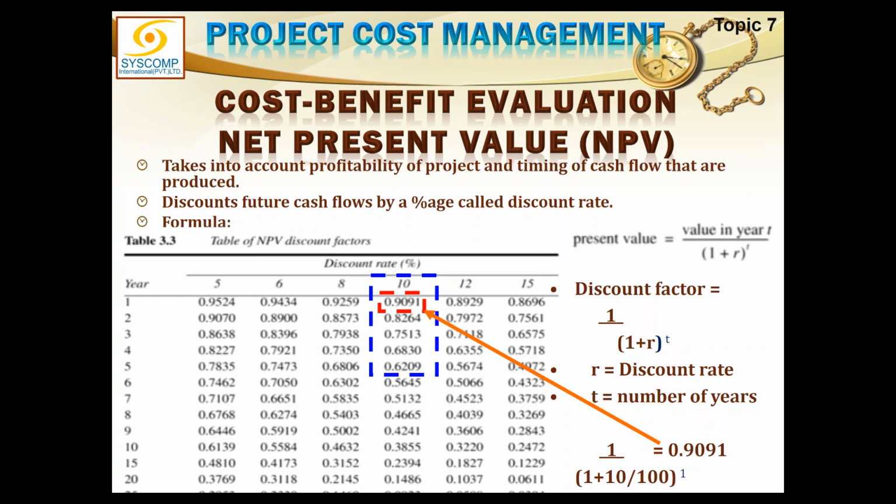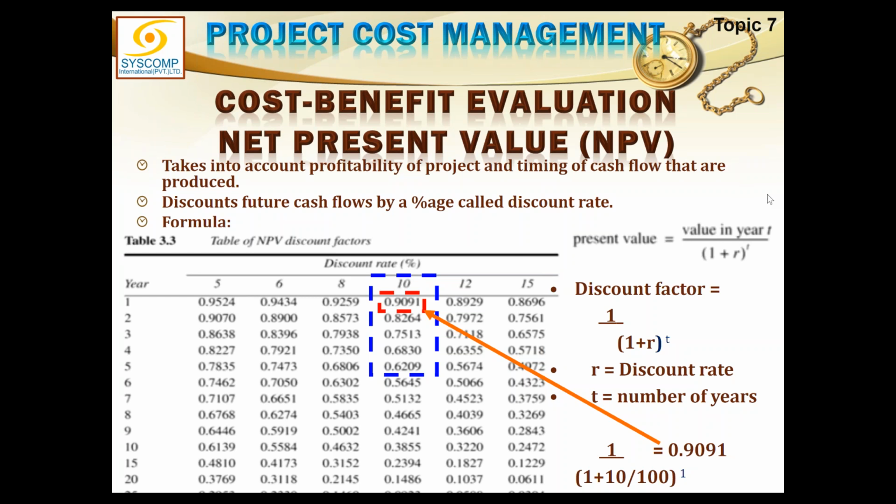How much will you ask? Lesser amount. Very nice. And how much would that be? It has to be calculated with respect to the number of years and the discount rate. It is not simply subtracting 10% from 100,000. It will not be 90,000 rupees.